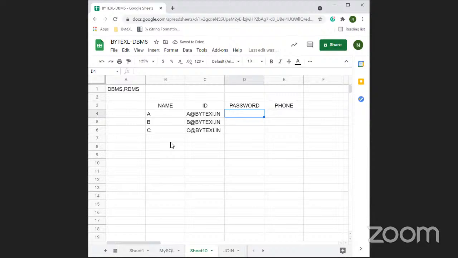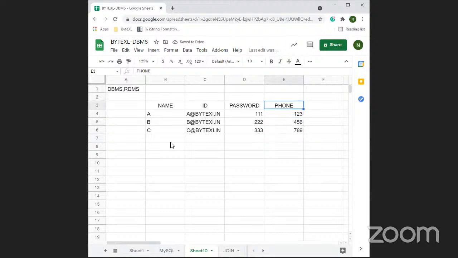We will try to build up everything step by step, why it is taken like this and all those things. Imagine some password and phone numbers. This is the data that is stored.